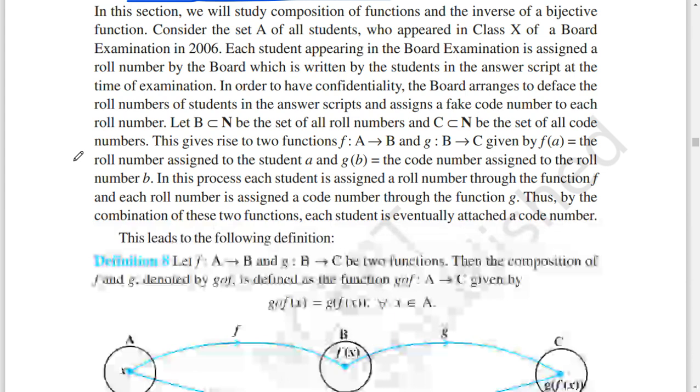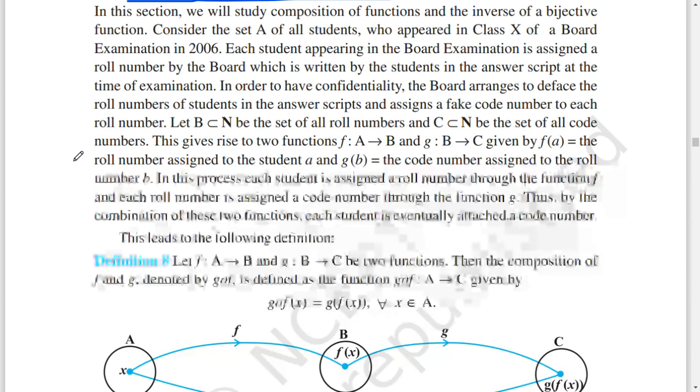This gives rise to two functions f: A to B and g: B to C, given by f(a) equal to the roll number assigned to the student a and g(b) equal to the code number assigned to the roll number b.